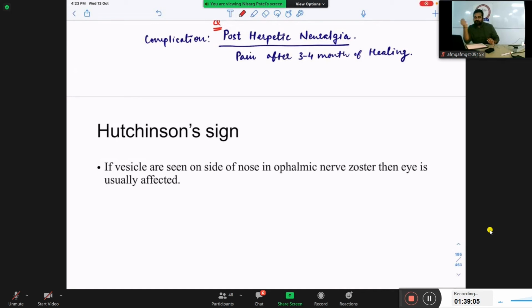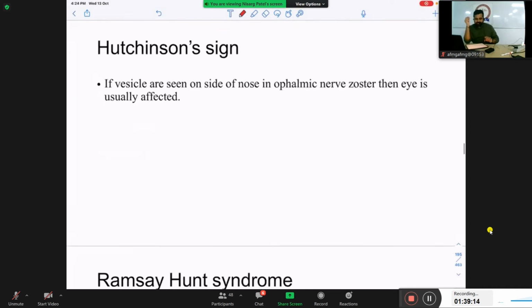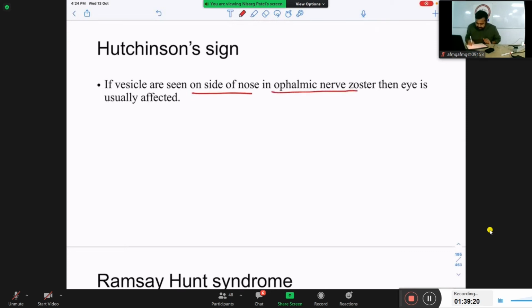So what you should do, you will start this patient on a high dose of acyclovir, so that he does not get extensive herpes zoster. That is why Hutchinson sign is important. So if the vesicle is present on the side of the nose, it is ophthalmic nerve zoster, then the eye is usually affected. This sign is known as Hutchinson sign.